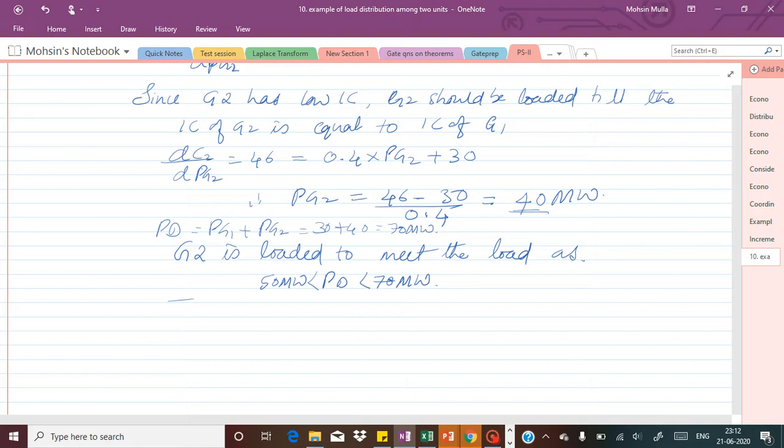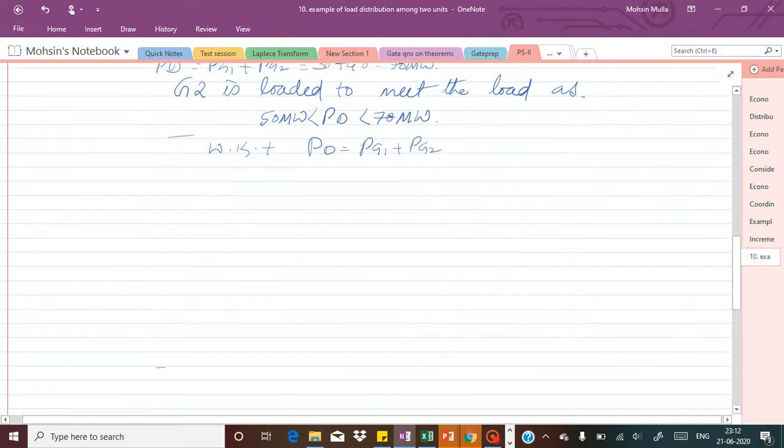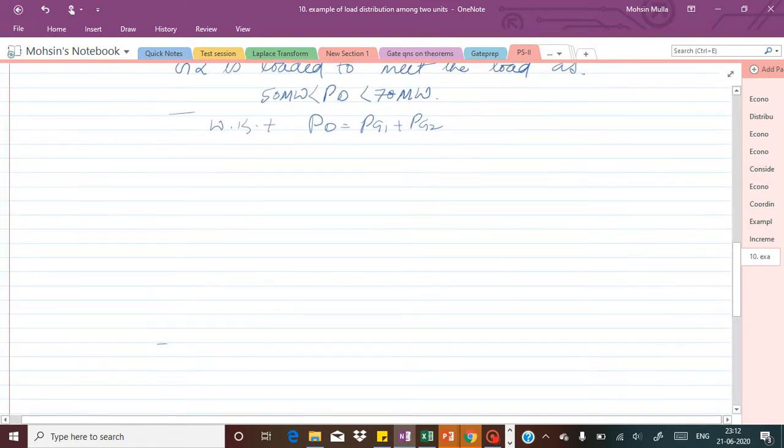So that is what we are trying to obtain here, the condition for that incremental cost for different values of PD between 50 megawatt and 70 megawatt. We know that PD is nothing but Pg1 plus Pg2. So we can write Pg2 equal to PD minus Pg1. Now let us write in terms of the incremental cost. It is 0.4 Pg2 plus 30.